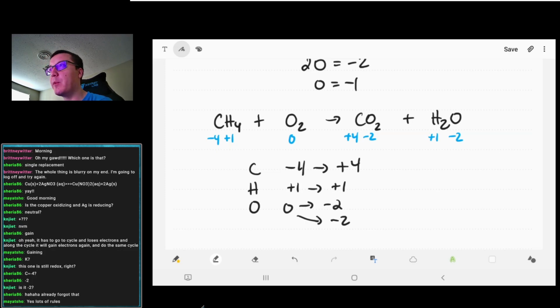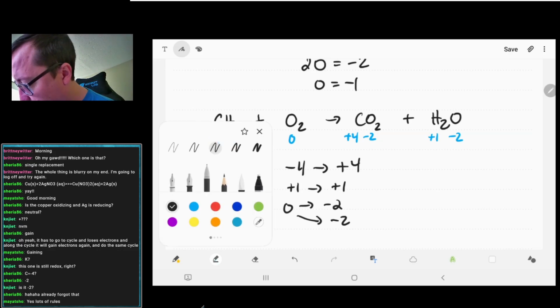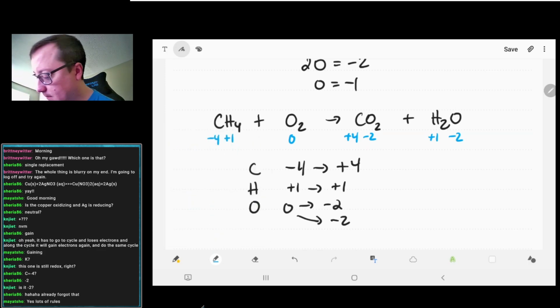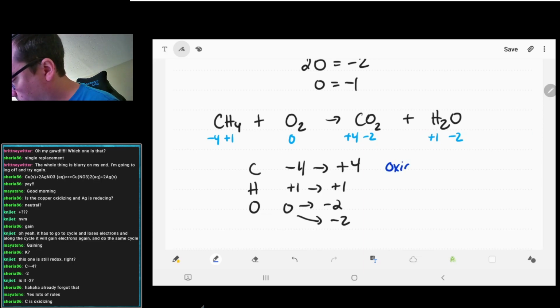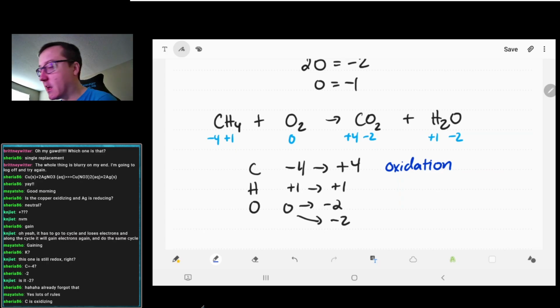So, what is happening with carbon? Looks like it's changing. We're going from -4 to +4. What does that mean about carbon's electrons? We are having oxidation happening here, right?